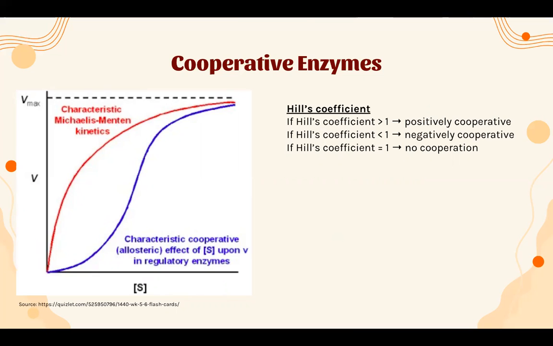Hemoglobin is an example of a positively cooperative binding model. Hemoglobin has 4 active sites for oxygen, and binding of 1 oxygen molecule to its active site makes all other active sites have a higher affinity for oxygen. This means that the reaction rate increases at a higher rate than it would traditionally.